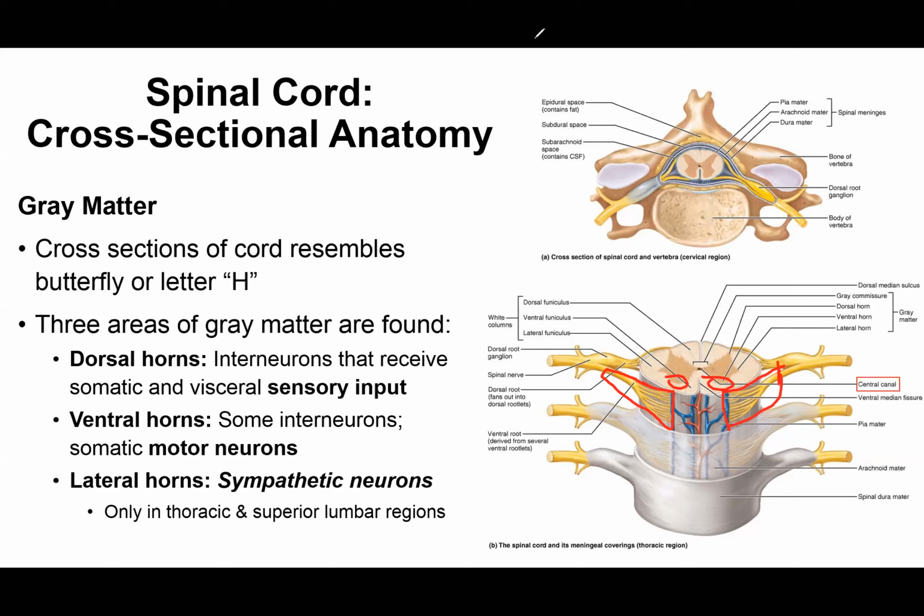These would be the ventral roots, okay? And the ventral roots are formed by these little ventral rootlets, which again are projecting straight out from the ventral horns of the spinal cord, okay?